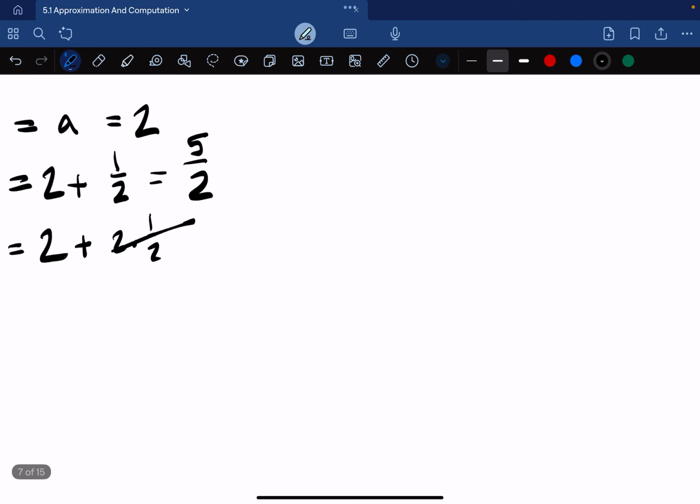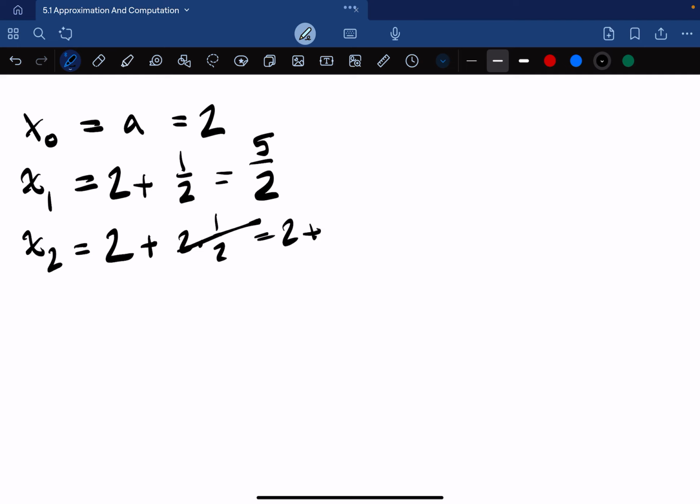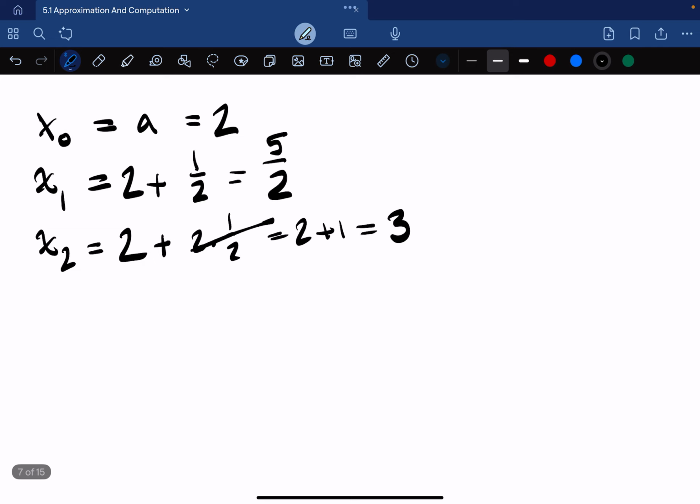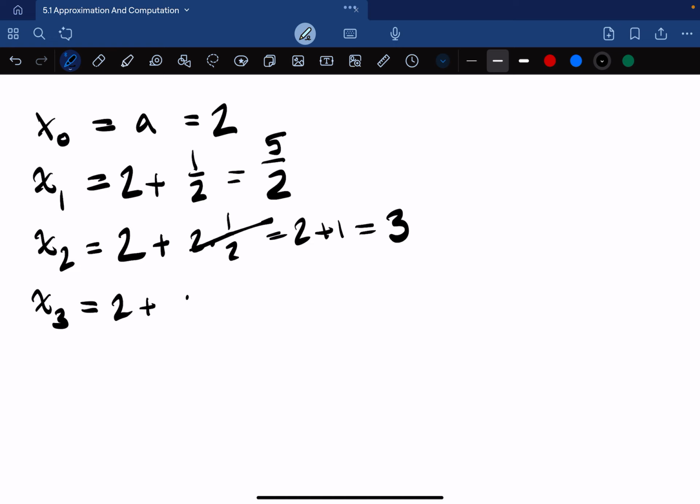So this turns into 2 plus 1, so this is going to be at x equals 3. Now, what about our fourth left endpoint? Well, 2 plus 3 times 1 over 2. So that's going to be 7 over 2, or otherwise 3.5.